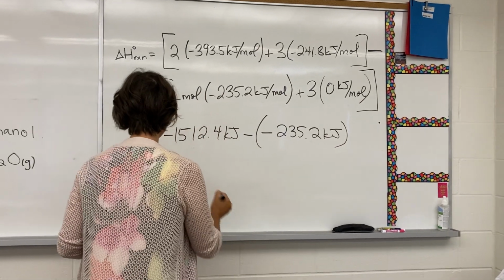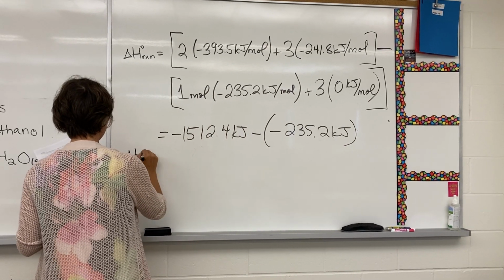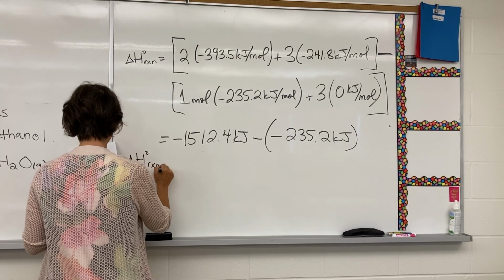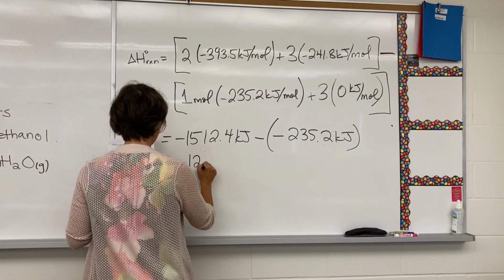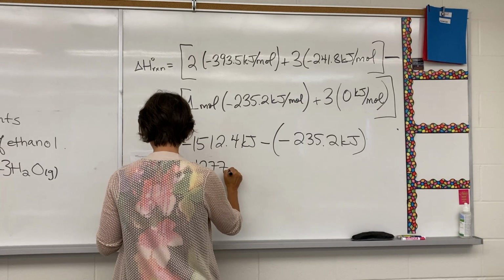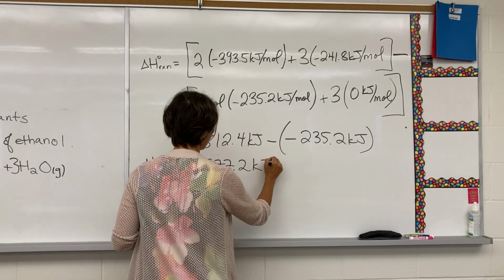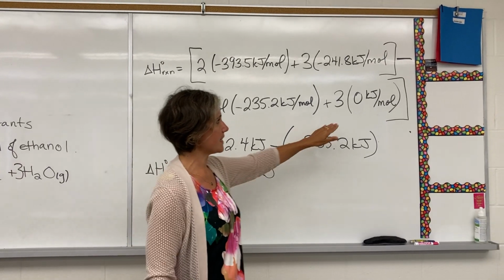So the delta H for this reaction is equal to -1277.2 kilojoules.